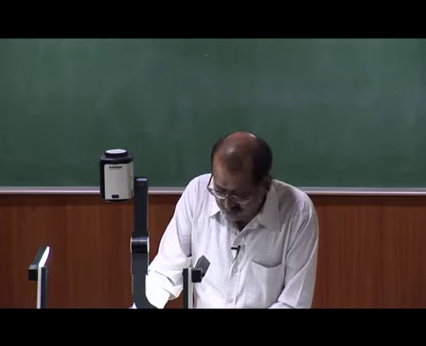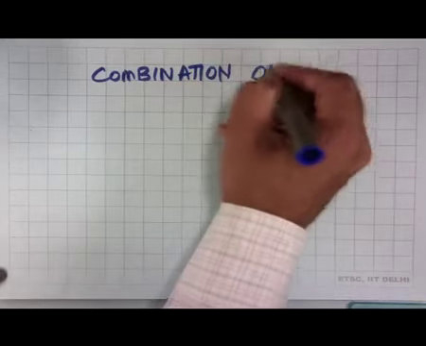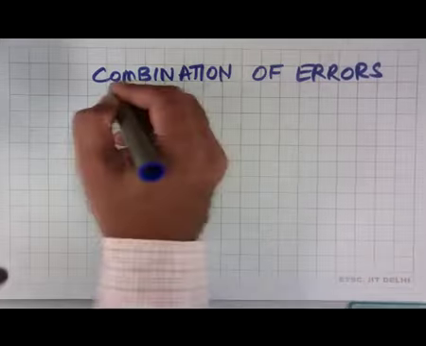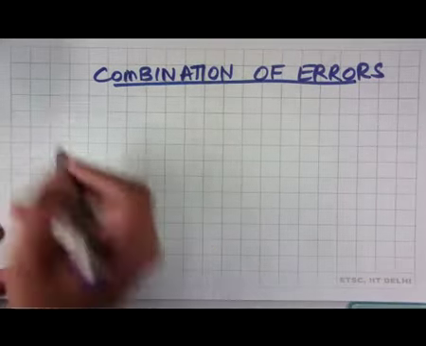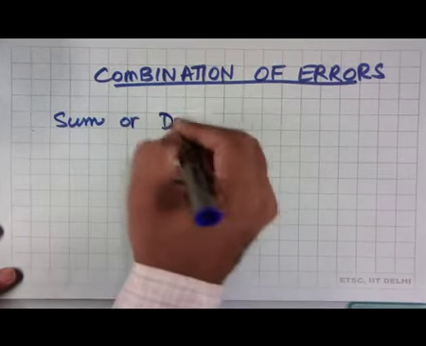So, we will look at combination of errors, and here first we will look at quantities which are obtained as a sum or difference.